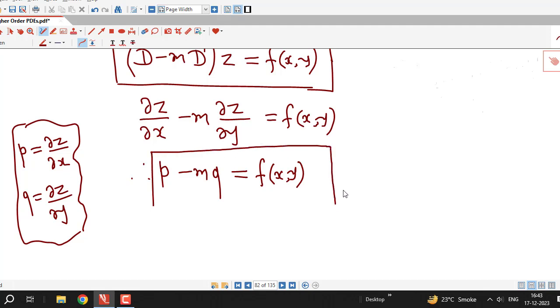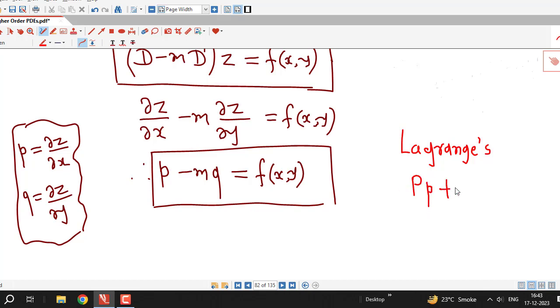And if you have seen that lecture series on first order PDEs, we have discussed the Lagrange equation. We have seen how to obtain the general solution of the Lagrange quasi-linear equation, which has this general form: capital P into small p plus capital Q into small q equal to R, where P, Q, R are functions of x, y and z.